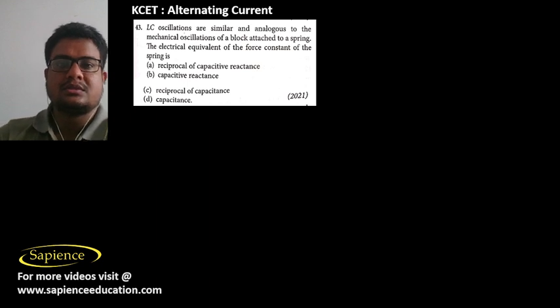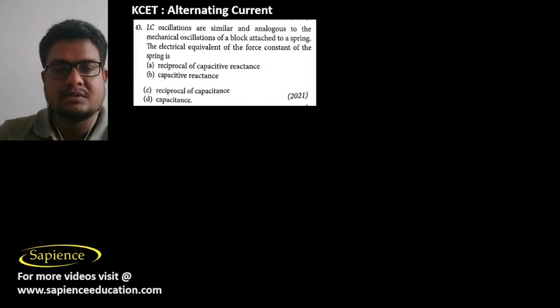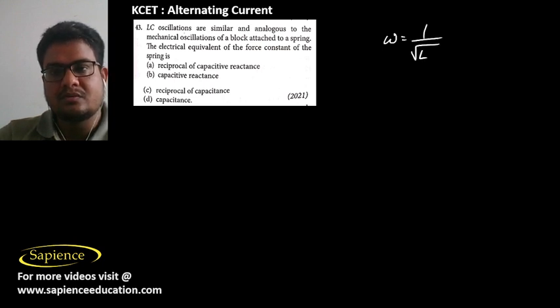43 is told that LC oscillations are similar and analogous to the mechanical oscillations of a block attached to a spring. The electrical equivalent of the force constant of the spring is? So in the case of LC oscillations, the angular frequency of the SHM is given as omega equal to 1 by root of LC.